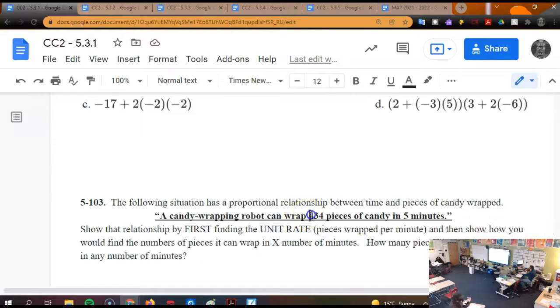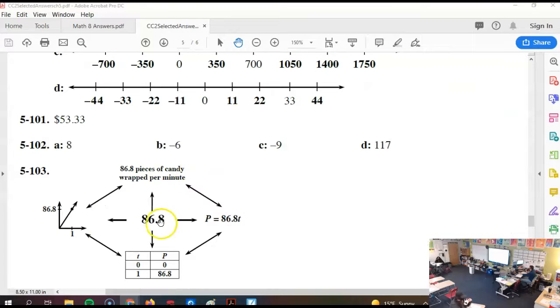So if we find the unit rate with 434 pieces in 5 minutes, that unit rate is 86.8. But what you have on your paper will not look exactly like this. So what questions does anybody have?